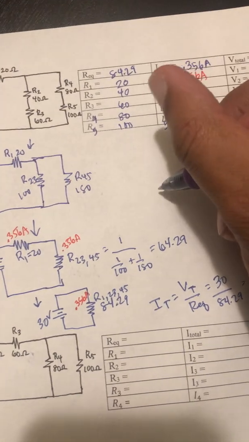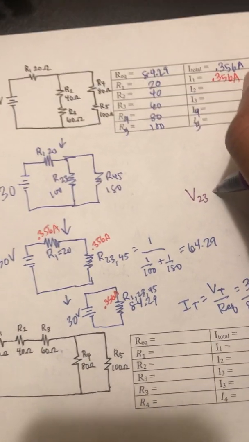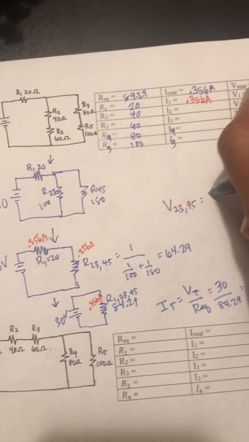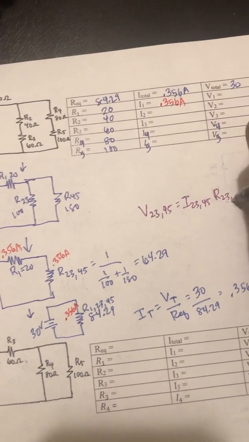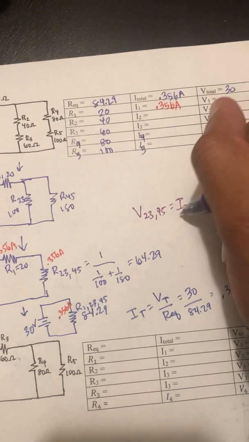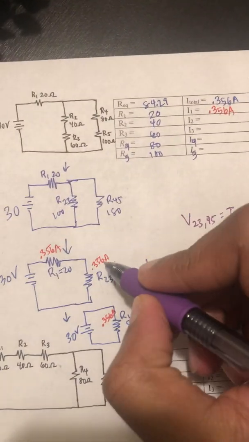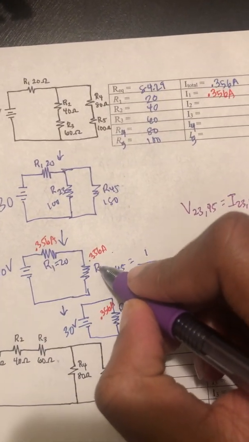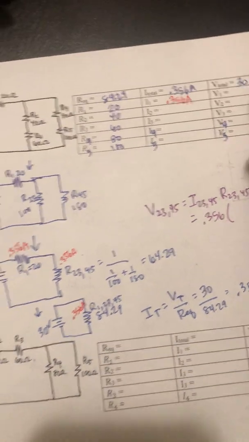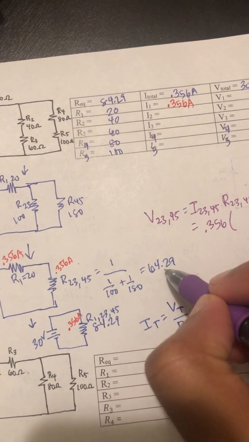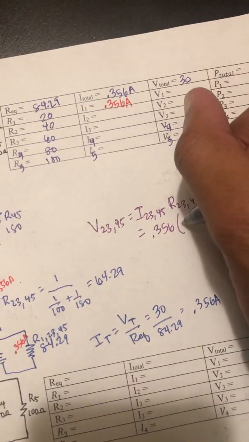So V23,45 is equal to I23,45 times R23,45. The nice thing is, boom, I know the current of R2345, 0.356. And the resistance is 64.29, which I calculated earlier.